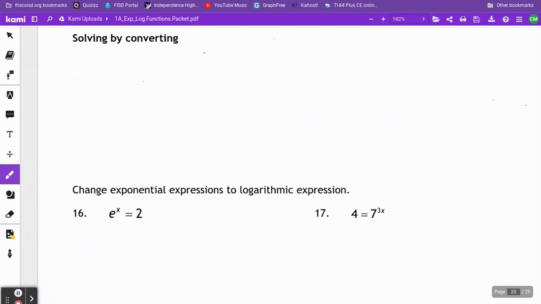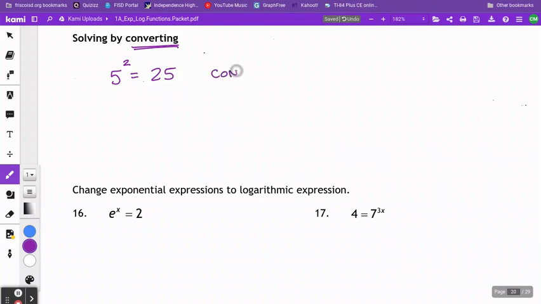Solving by converting means I'm going to be changing between exponential and logarithmic functions. So let's say if I have an exponential expression like this, and I want to convert, that means I want to change that so that it's written as a log, change it into a logarithm.